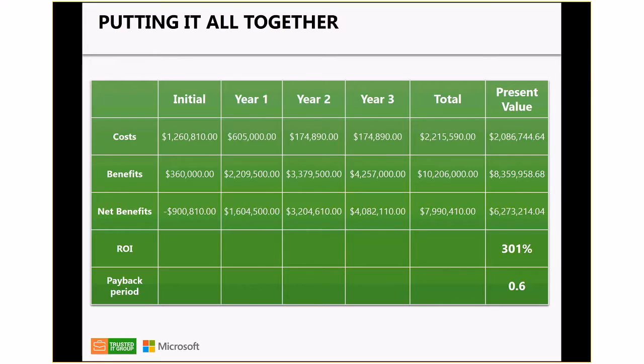Remember, that came from infrastructure avoidance. So the net benefits in the first year, you're bleeding. You're in the red. This composite organization felt a negative $900,000 cash flow.